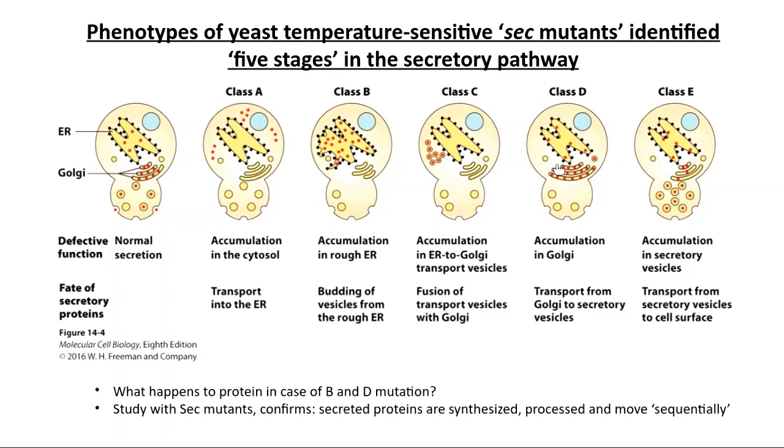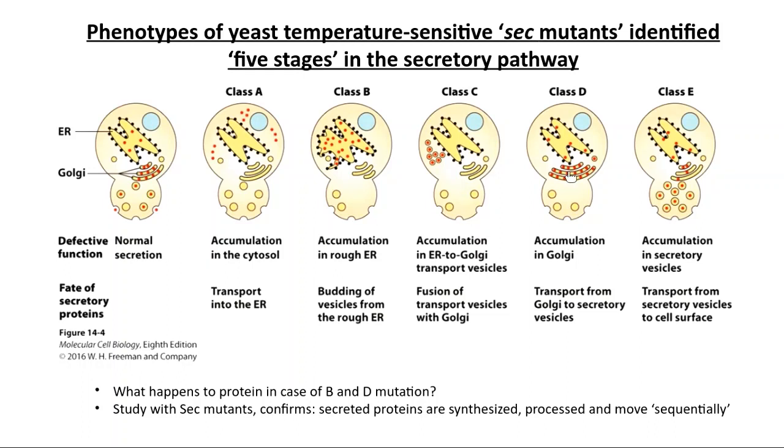They were supposed to form vesicles from the TGN and be transported to the plasma membrane, but they don't. That was their normal scenario: transport from Golgi to secretory vesicle. But in these class D mutants, they stay back in the Golgi body.